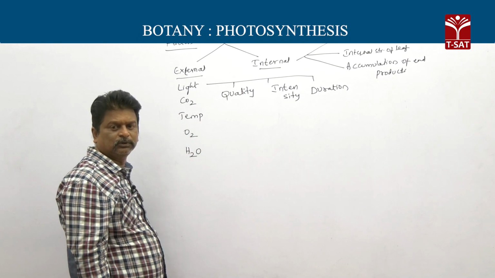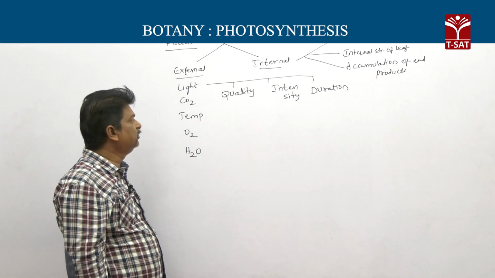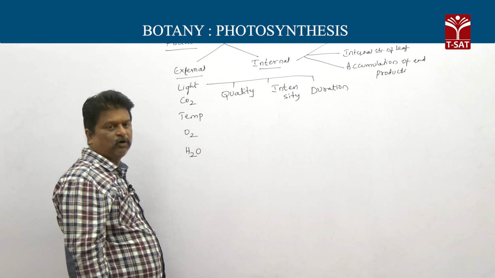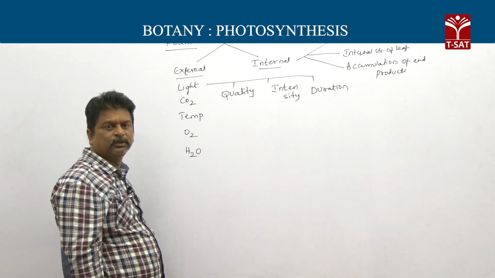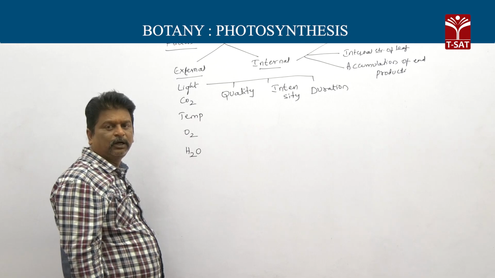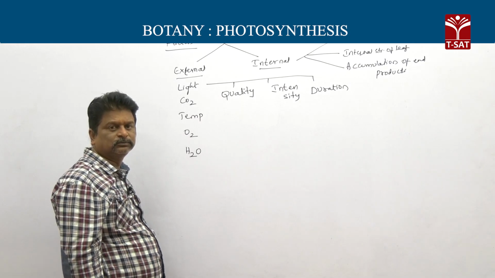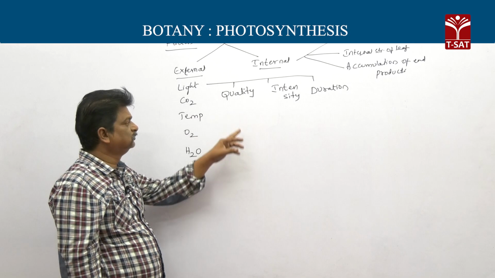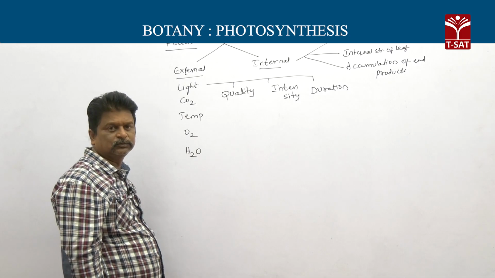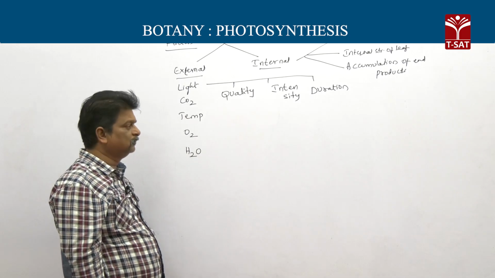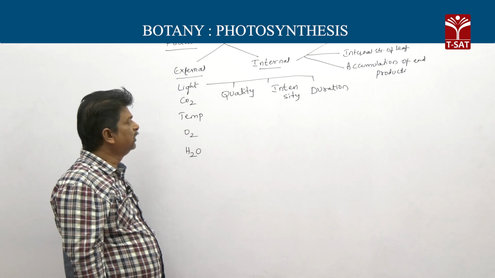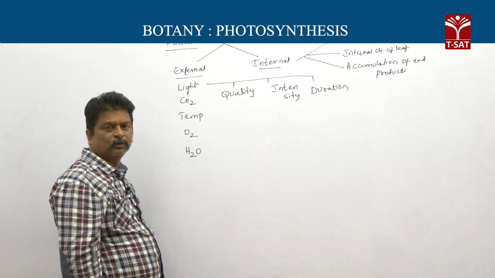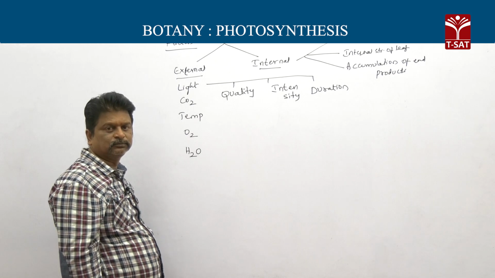Quality, intensity and duration. Quality means the ultimate source of energy for photosynthesis. So, light means sunlight. Sunlight is the source of energy for photosynthesis.